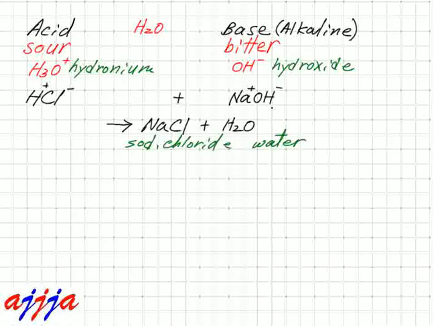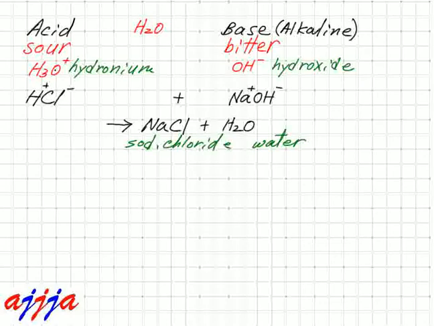And this one is water, in other words salt water. So if we have poisoning by NaOH, we need maybe hydrochloric acid to neutralize it and make it salt water. You can save somebody's life.